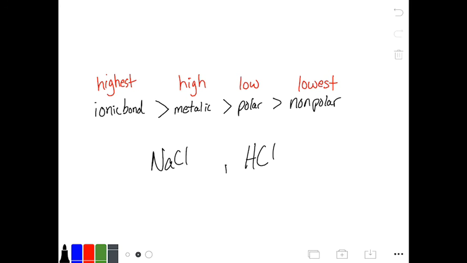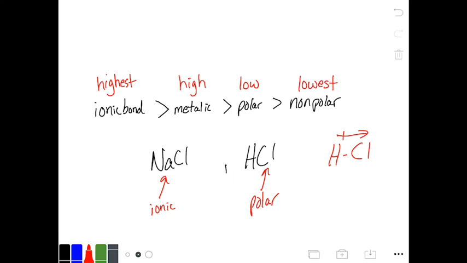Well, this one's pretty easy because NaCl, you guys hopefully remember, is salt. That's sodium and chlorine. Sodium is a metal, chlorine is a nonmetal, so this is an ionic bond. And then you look at HCl. When you draw it all out, H bonded to Cl, it is going to have a dipole-dipole force because there's a difference in electronegativity. So it's going to be polar.